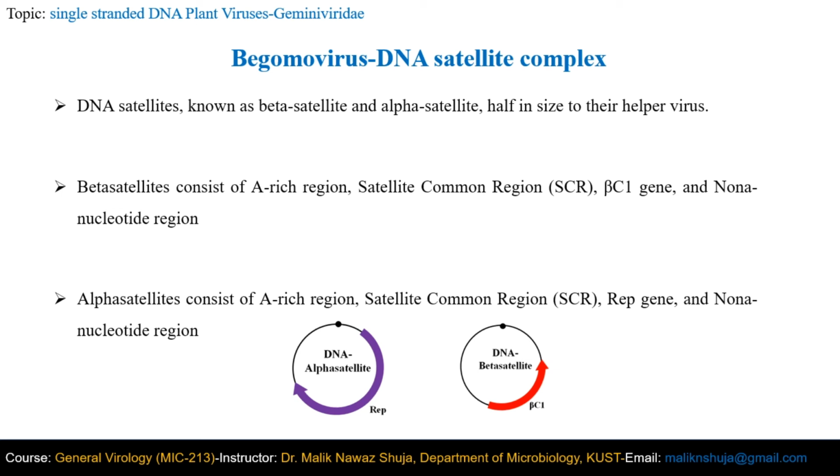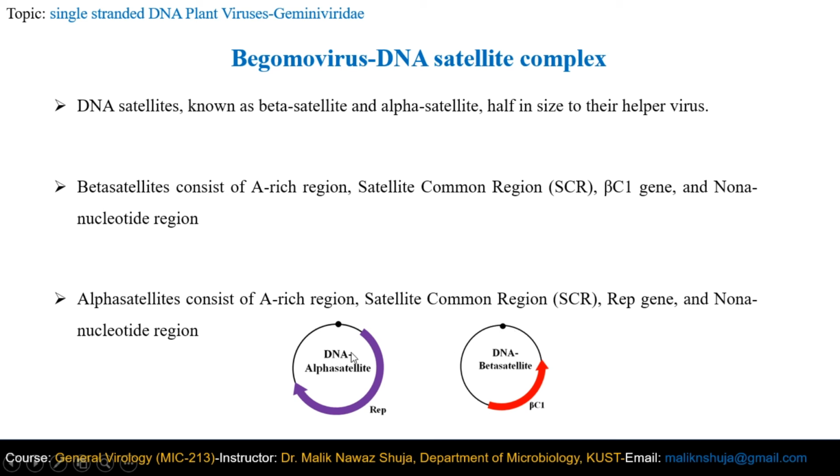For example, beta satellites consist of an adenine-rich region, a satellite common region, and contain only a single protein, known as beta C1, which is responsible for pathogenicity enhancement. They also contain a highly conserved sequence known as the nonanucleotide. So these are basically the common features of beta satellites.